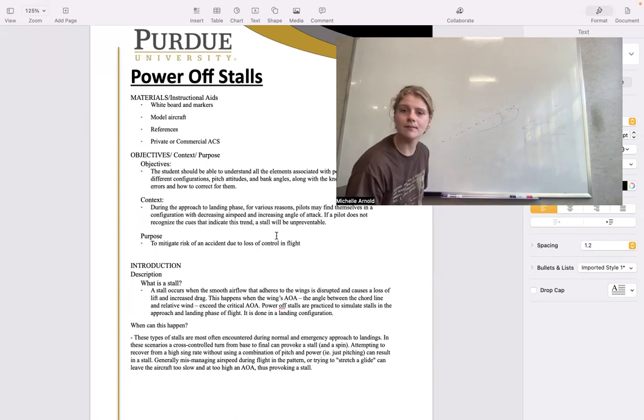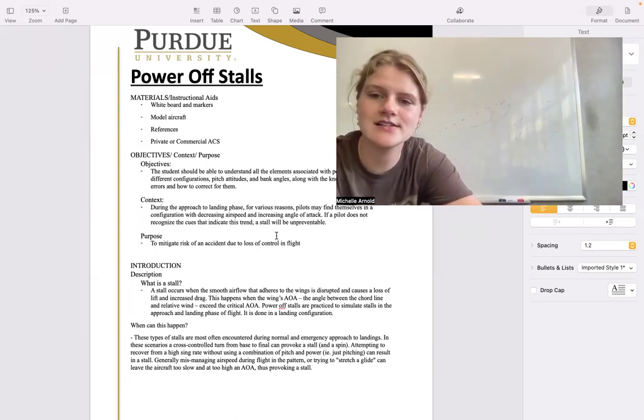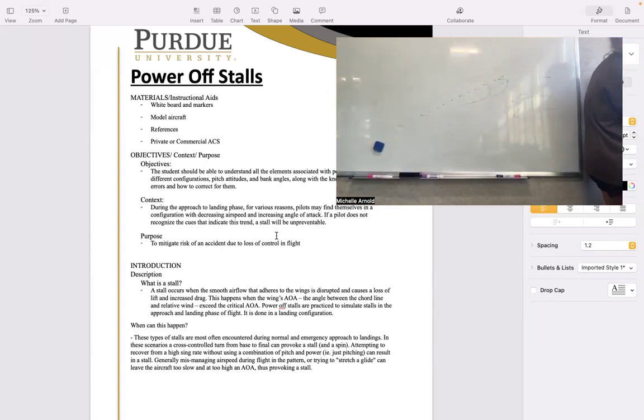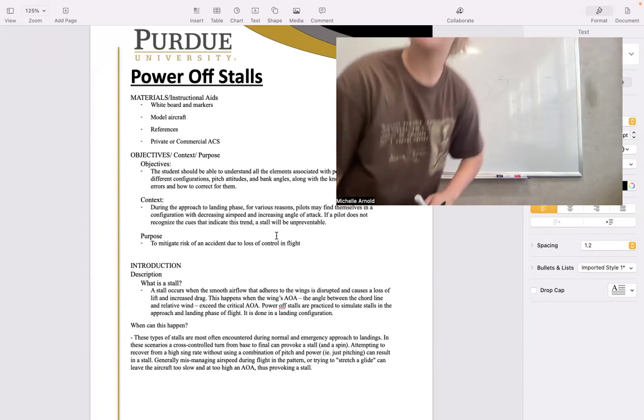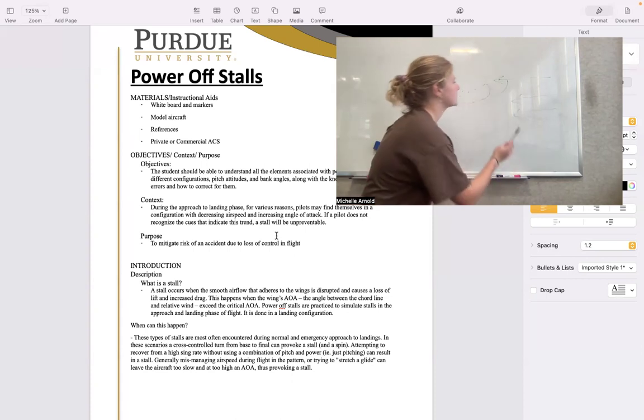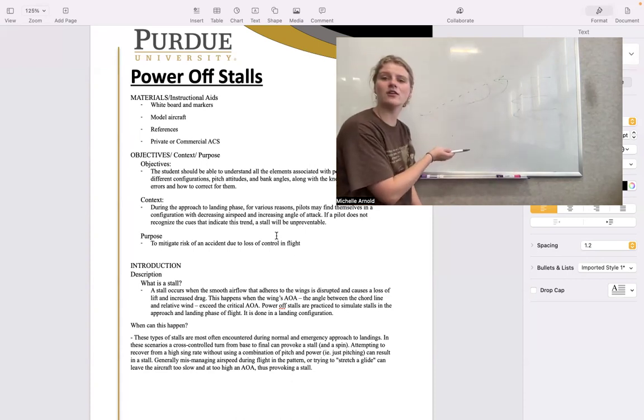Let me see if I can get a better marker so that you guys can see this a little bit better here. All right, hopefully that helps with the glare a little bit. So this is our angle between the relative wind and the chord line. This is going to be our angle of attack.